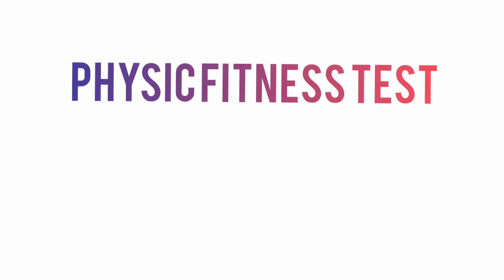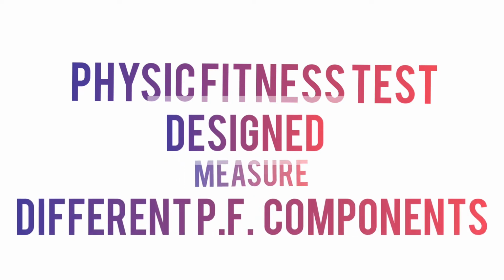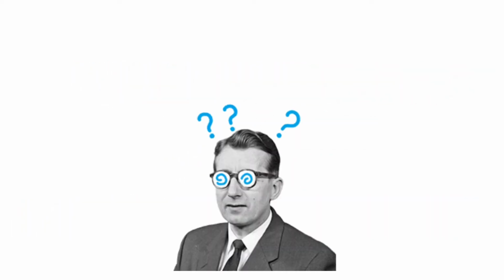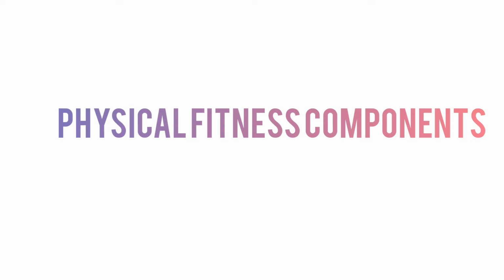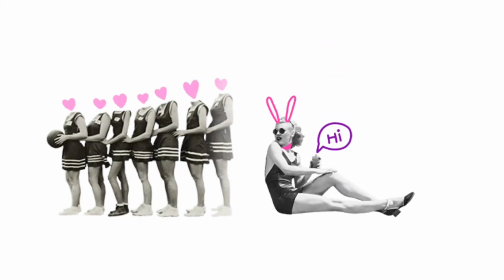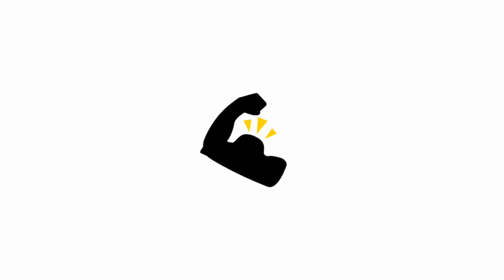As we have mentioned earlier, the physical fitness test we are going to do is designed to measure the different physical fitness components. Now, what are these physical fitness components? They determine how physically fit a person is according to its variations.